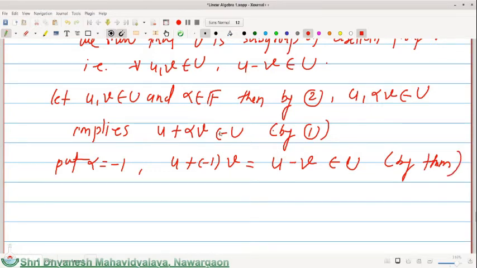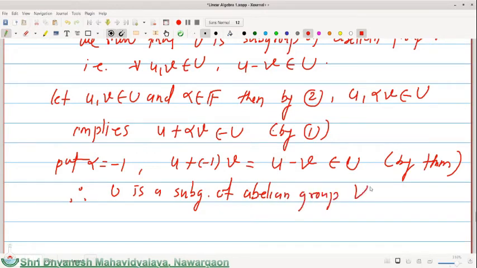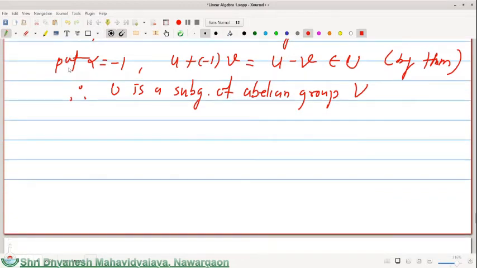Okay, so in this way we got u minus v belongs to U. Therefore U is a subgroup of abelian group V. Okay, this implies U is an abelian group. So V1 is verified now.